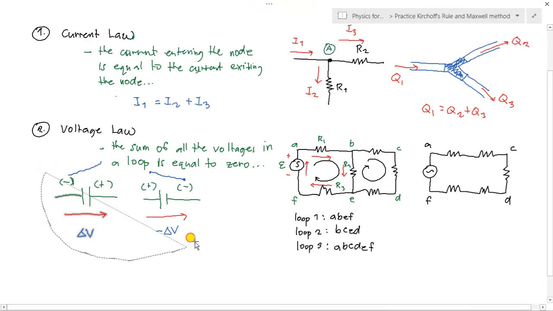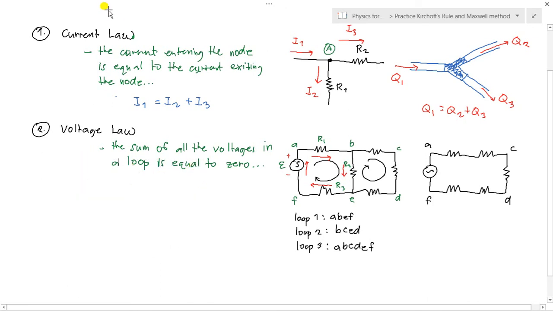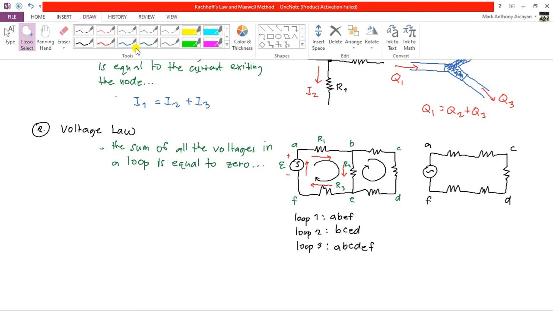Next, in our circuit, we have resistors or loads or any devices.